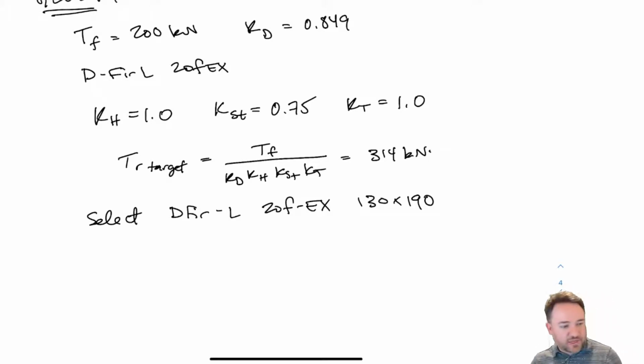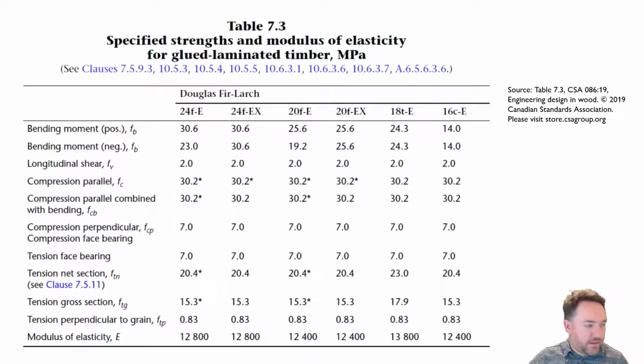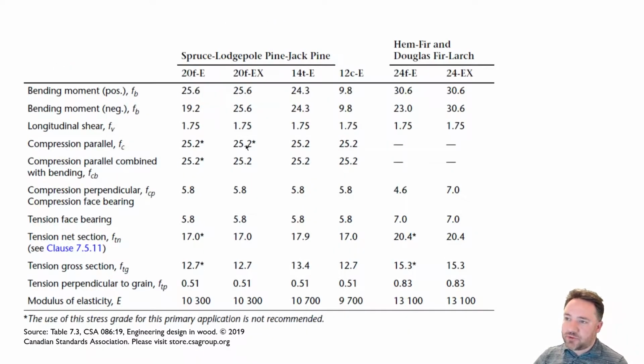Okay, so first let's find the design strengths for that. So for that, I'm going to go to the strength table for Glulam, okay, so this is the Douglas fir larch part. The next part is spruce pine.